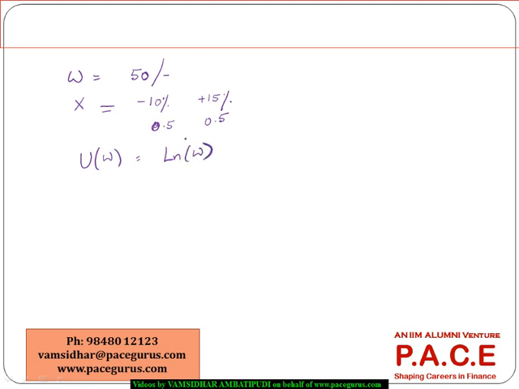Now I want to know, first of all, whether this particular investor will be better off investing nothing, or investing everything in X, the whole 50 which he is having, or investing partly in X. There are three choices that are available.